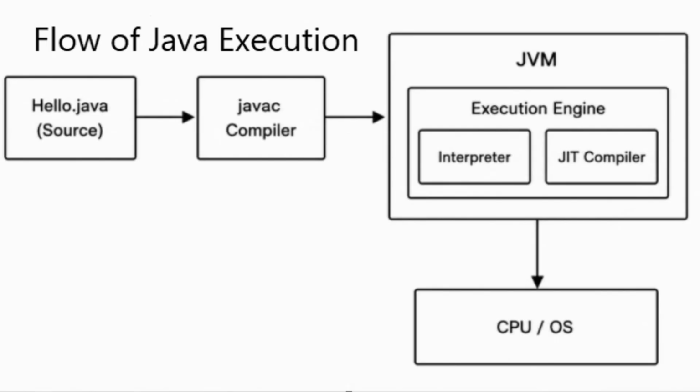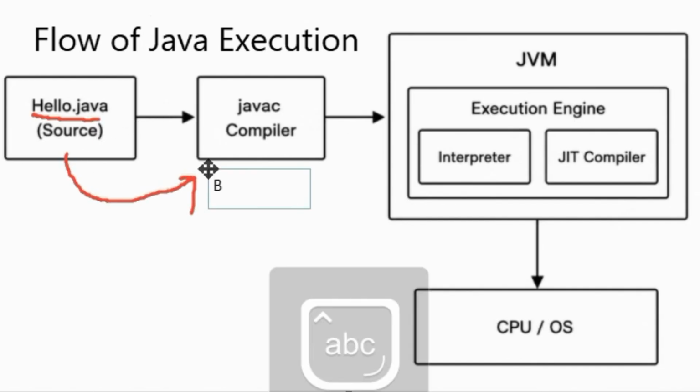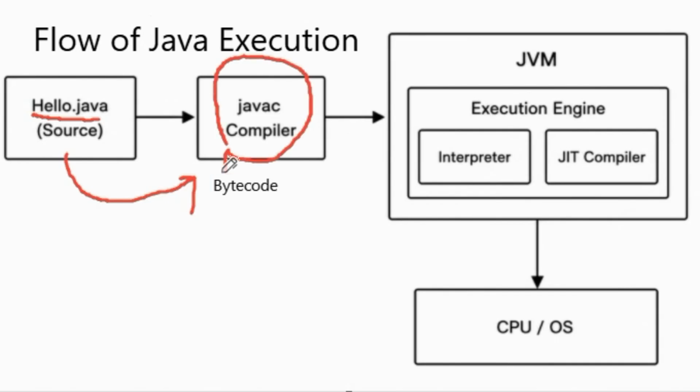The first step is Hello.java. It is the source code which every developer knows. Human-readable format. And source code is converted into the bytecode with the help of the Java compiler. So now it is Hello.class, bytecode.